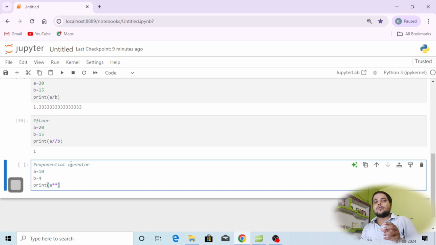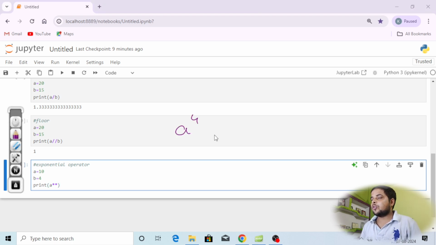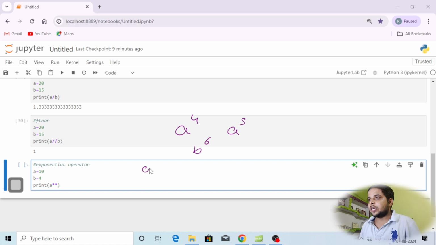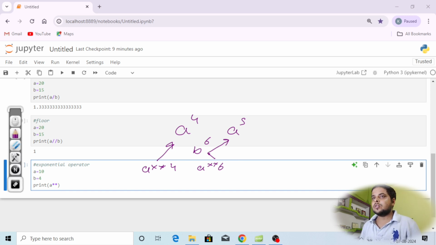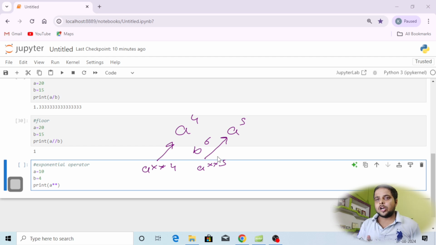If you want a program to compute a power, है ना, A raised to the power 4, A to the power 5, B to the power 6, then we write two stars. Two multiplication signs together do the exponential, or power, work.